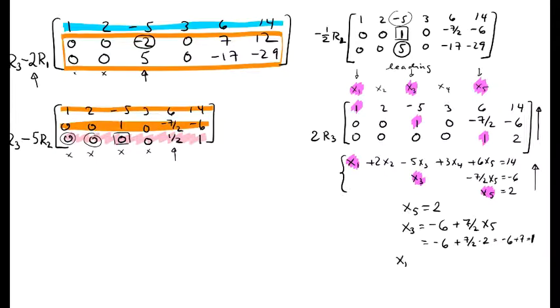And finally, x1, actually I need a lot of space, so let me write x1 here. Solving the first equation for x1 gives me x1 is 14 minus 2x2 minus 5 plus 5x3, right? Remember the sign changes as you send it to the other side of the equality sign, plus 6x5 like that.